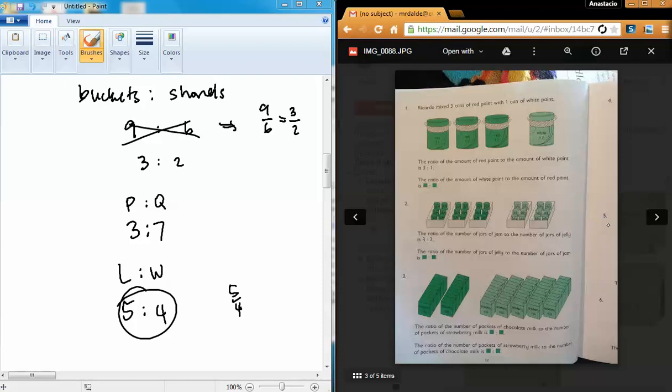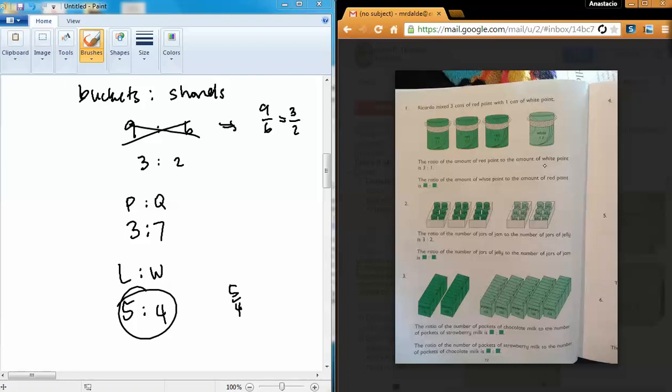All right, let's try this one. Ricardo can mix 3 red paint cans and 1 white can. What is the ratio of the amount of red paint to the amount of white paint? That would be 3 to 1. The ratio of a white paint can to the amount of red paint? So remember, the ratio reflects the order in which they asked you. What is the ratio of red to white?